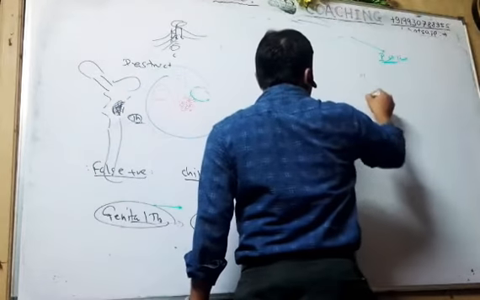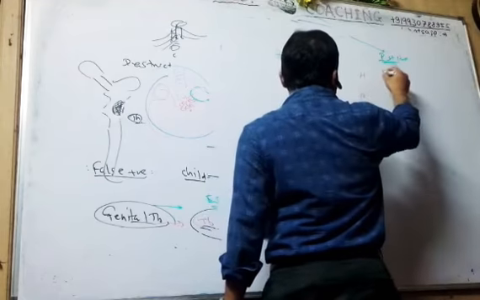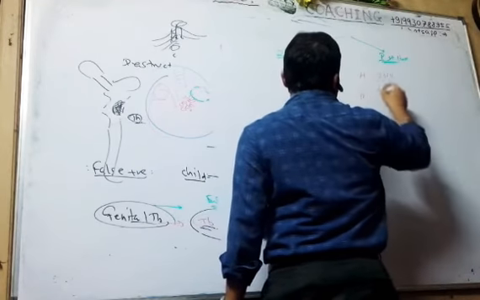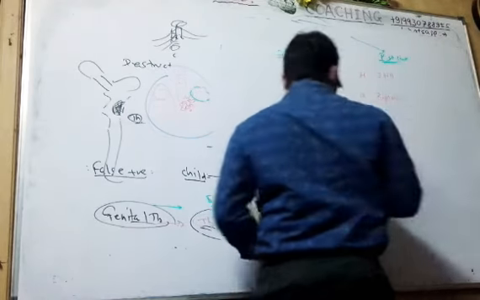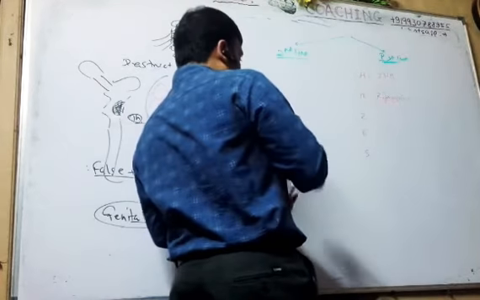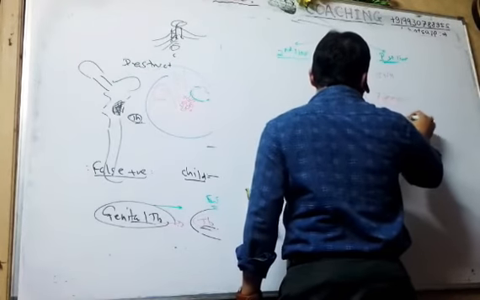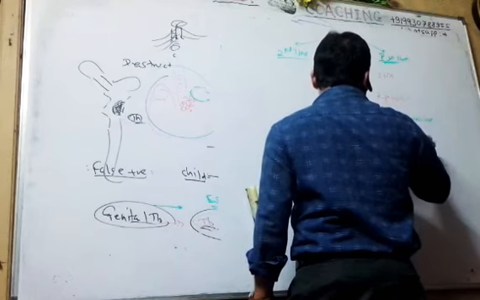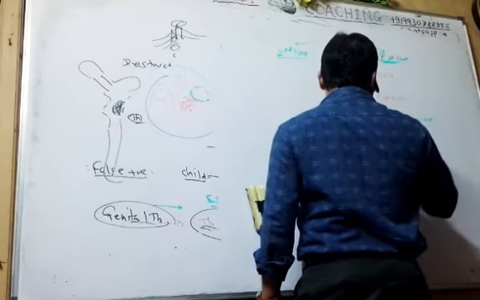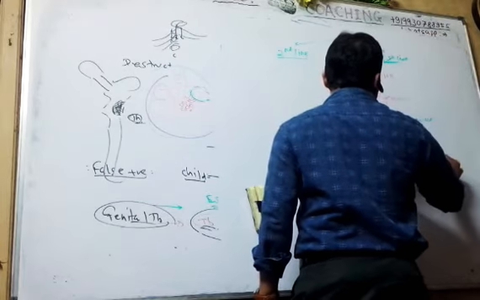H, R, Z, E, S. H stands for isoniazid, rifampicin, pyrazinamide, ethambutol, and streptomycin.